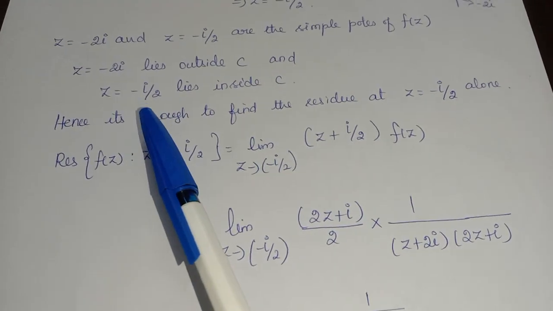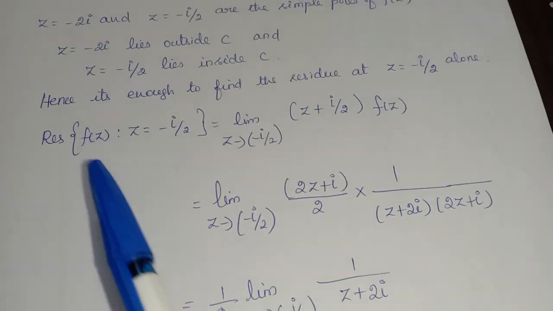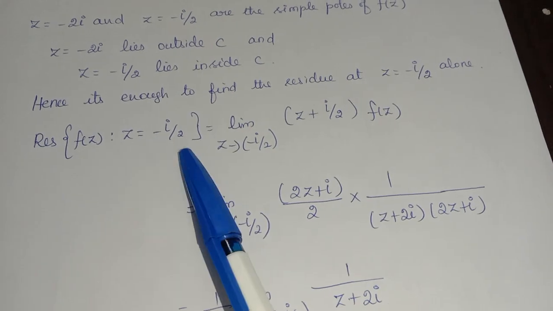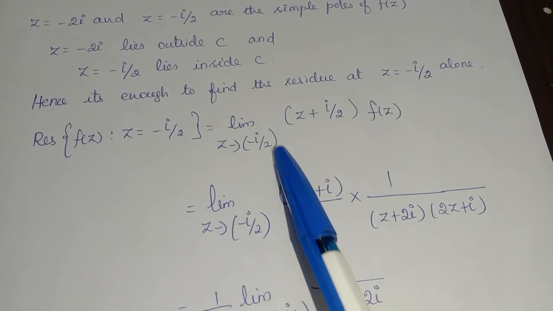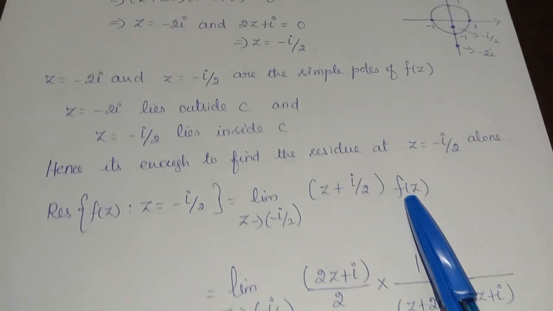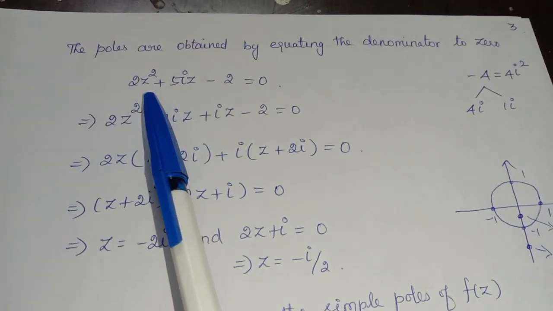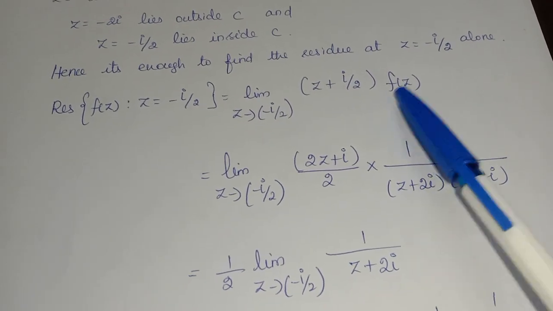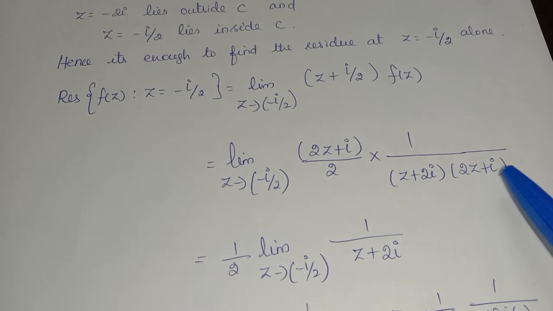So I am going to find the residue at z equal to minus i by 2. This is a simple pole only, no? So the residue is given by limit z tends to minus i by 2, z plus i by 2 into f of z. Now what is my f of z? f of z is 2z square plus 5iz minus 2. So for evaluating the residue, you write the value of f of z in its factor form.